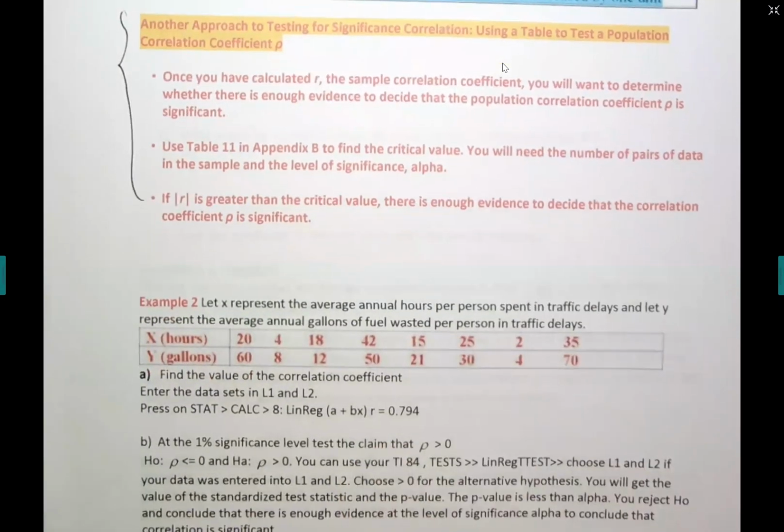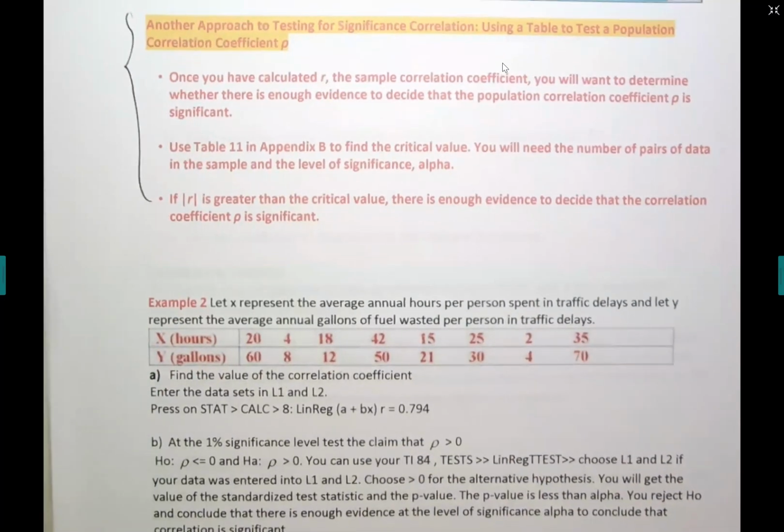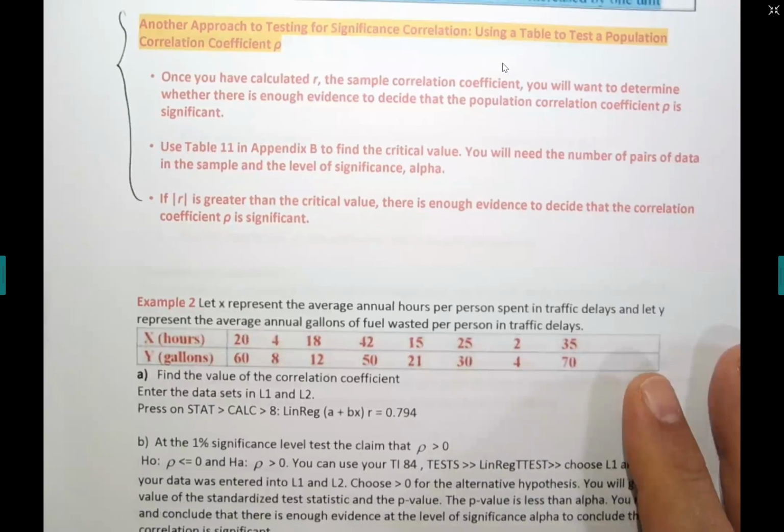Part B. At the 1% significance level, test that rho is greater than 0. Okay, testing that rho is greater than 0. You don't need to take any notes. They're all listed there, but I'm just going to explain what we're doing here.